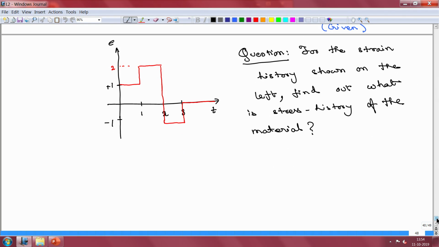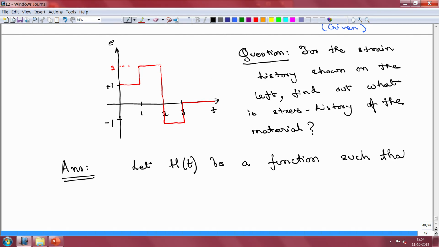Before we solve this problem, I want to introduce a mathematical idea, and in particular a function, and let us call this function h(t).